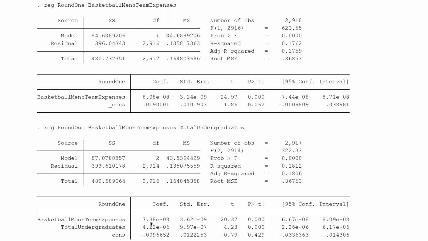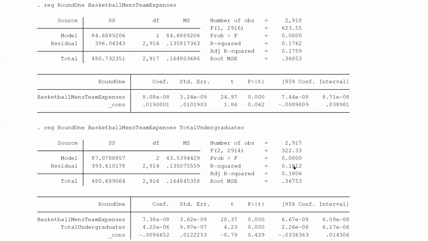It would change the probability I make the tournament by 0.0000007, right? But that's the effect of just $1, holding everything else constant. So here, holding constant the number of undergraduates, okay? So it has a little bit more power behind that statement, behind that interpretation of my coefficient, okay?